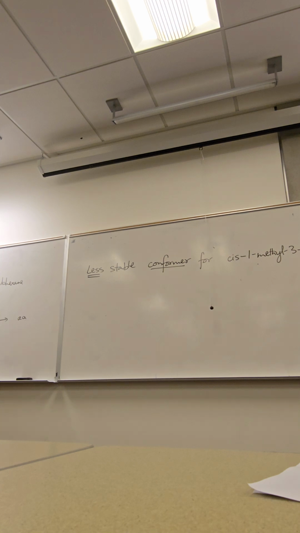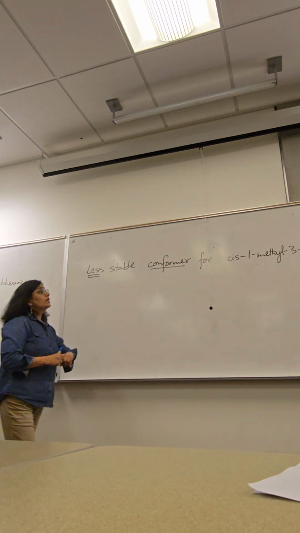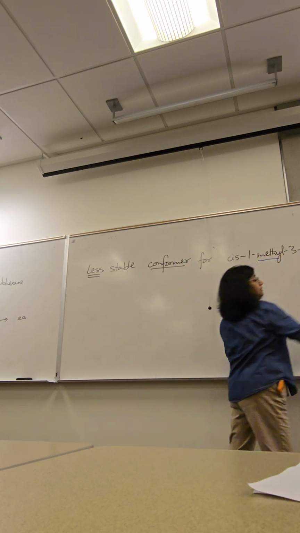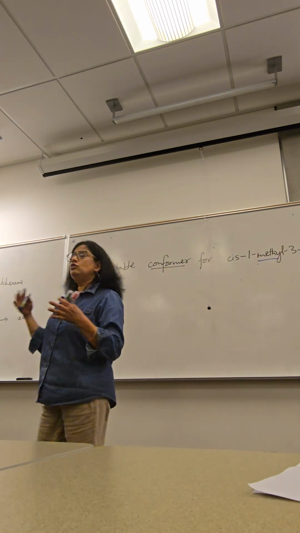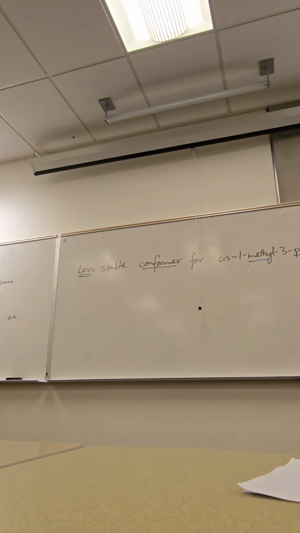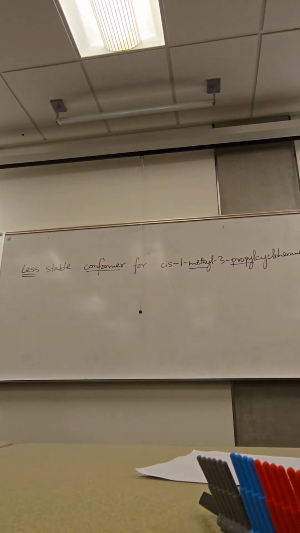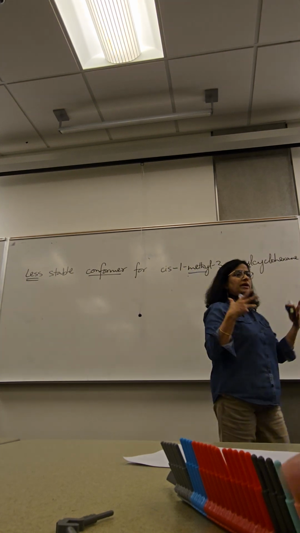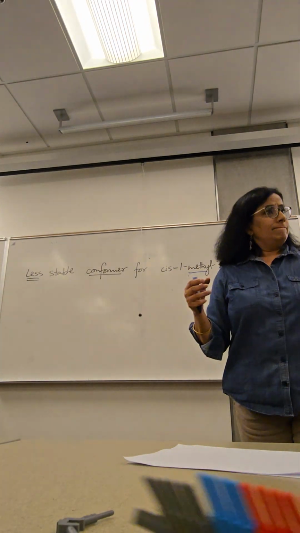Okay, so here's the thing, guys. In this kind of question, notice that the groups are different. They're not the same. So far we've seen groups be the same, right? So here's my question. Which of these two groups, methyl or propyl, is bigger? Propyl's bigger. You all agree?